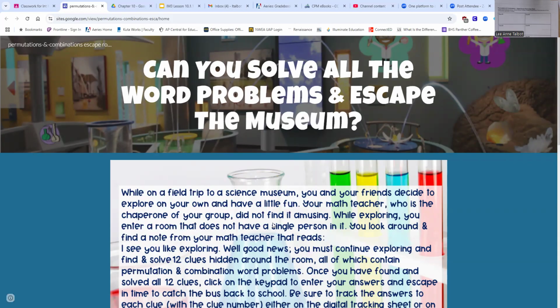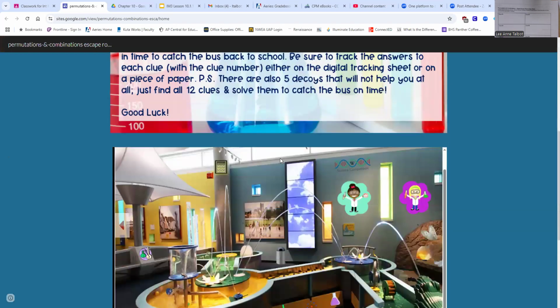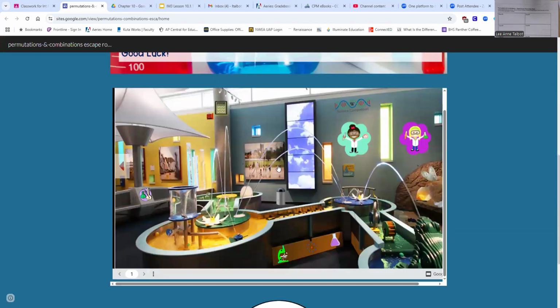Okay, let me show you the room. There are 12 spots in the room where your cursor turns into a little hand. Usually it's an arrow, right? And when you can actually click on something, it turns into a hand.